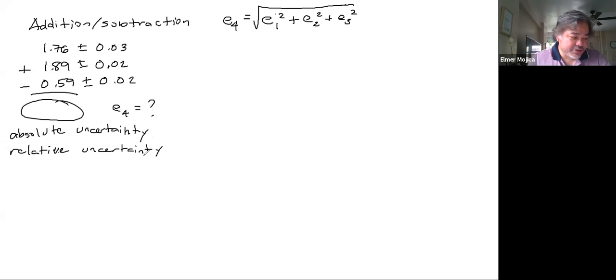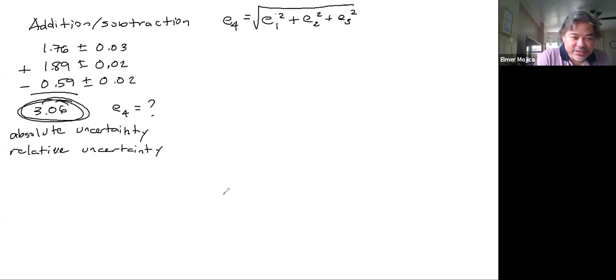So maybe we should start doing them so that we'll be able to see how to solve uncertainty. So what's the value that we get here? So 1.76 plus 1.89 minus 0.59. So that is 3.06.